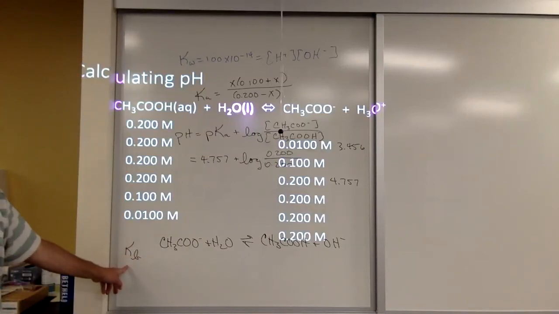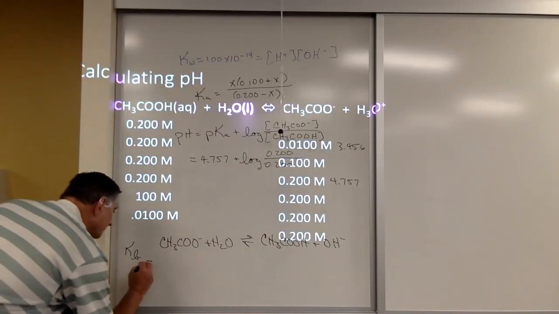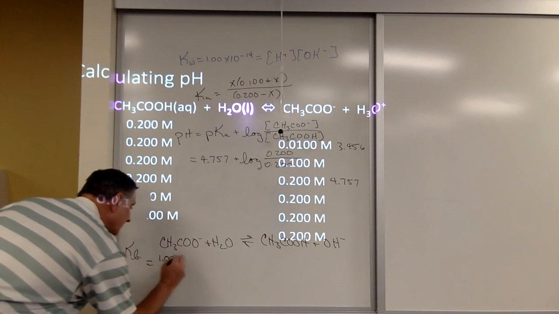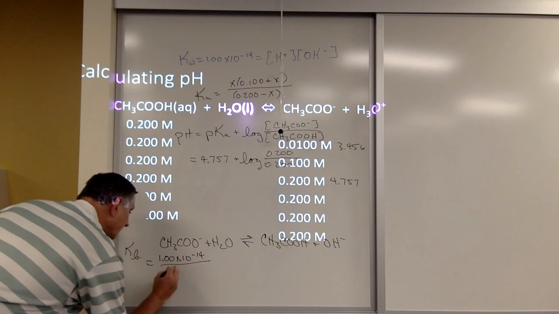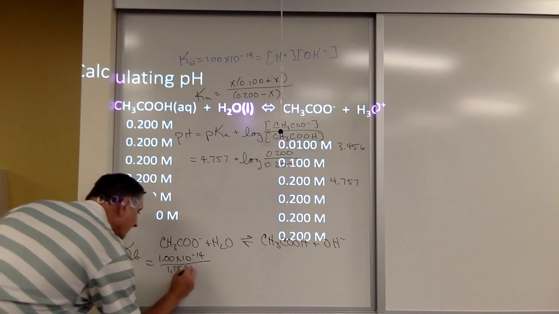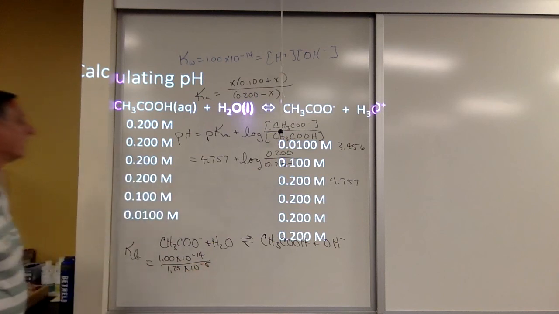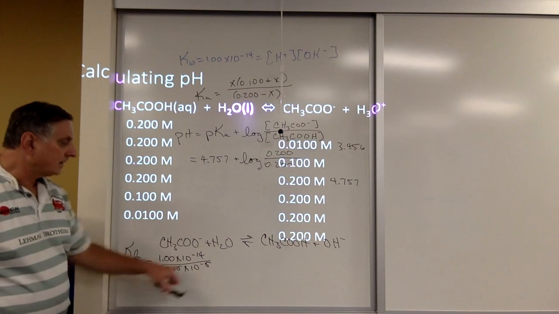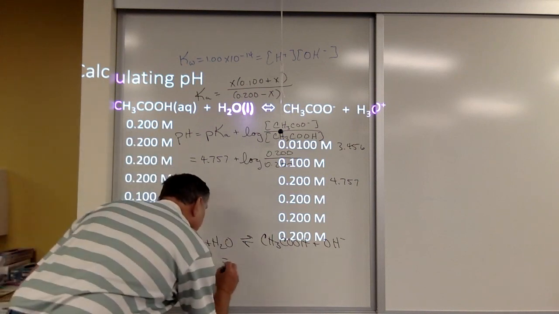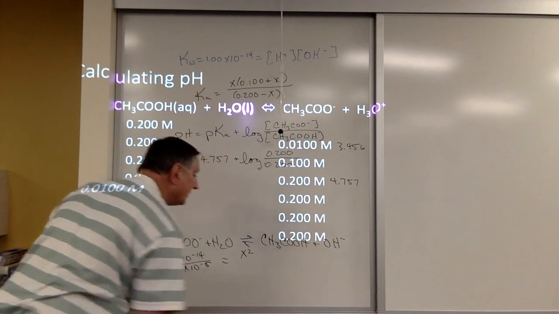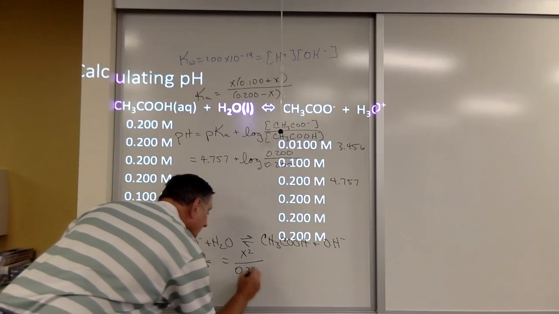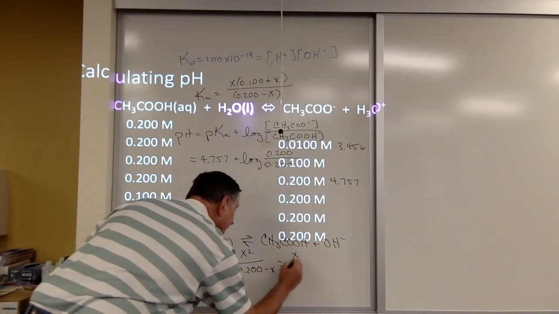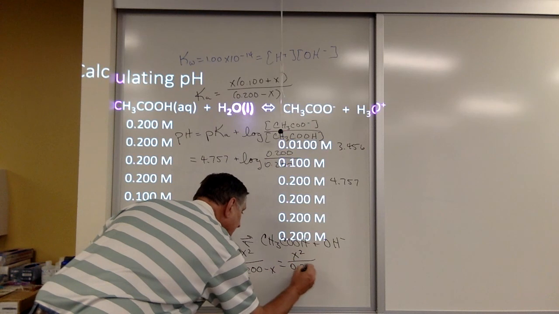How do we find the Kb of acetate? Of course, this is Kw all over the Ka, over 1.75 times 10 to the minus 5th. Kb at equilibrium is going to be x squared over 0.2 minus x, which is x squared over 0.200.